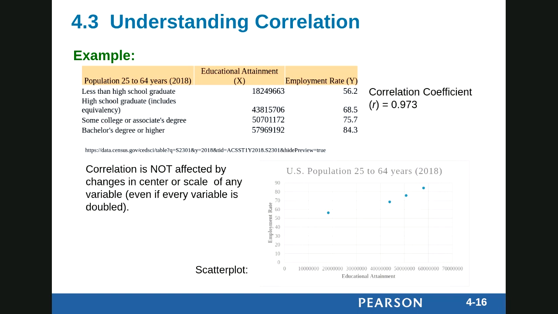Another property was that the sign of the correlation indicates the direction on your scatter plot. So in this case, the sign is positive, which means that our scatter plot is going to move from the bottom left to the top right. Okay, any questions for me before I continue?